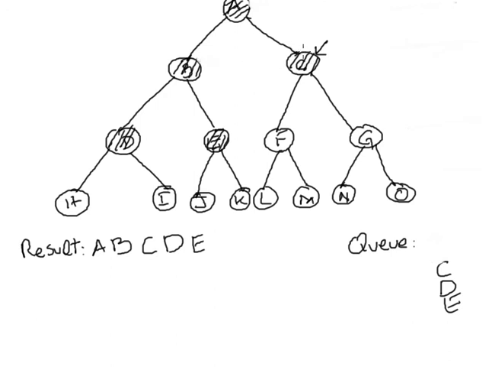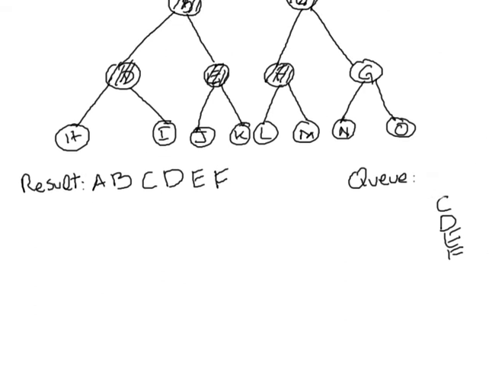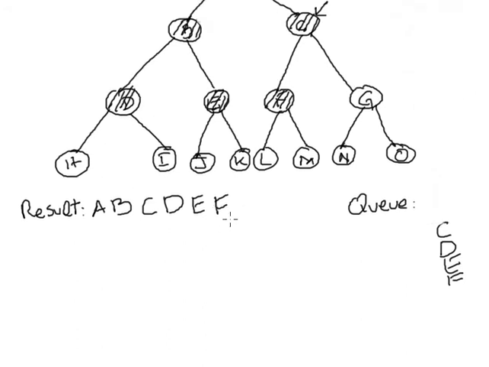Now in C, we will again check if there are any unvisited nodes. In this case, it's F. We'll make F visited and put that F node in the queue. We will also check if there is any other node which is not visited.